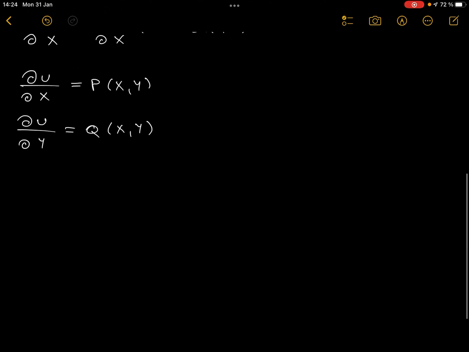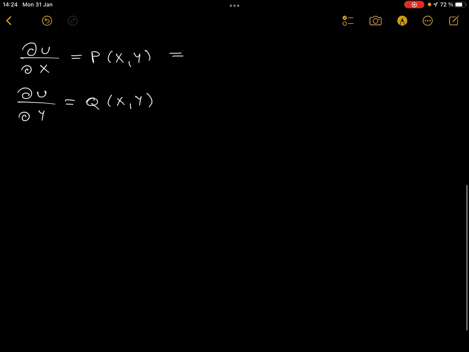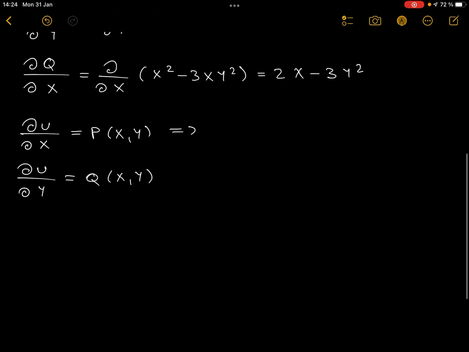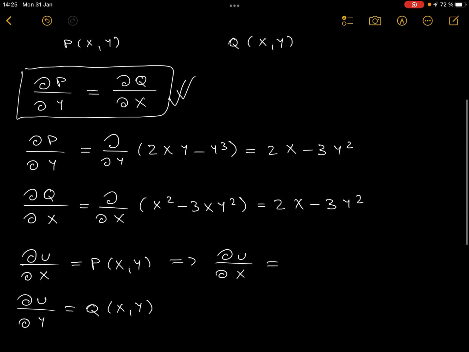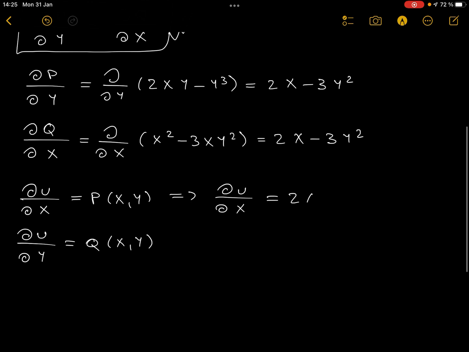So from here we get that partial u over partial x is equal to 2xy minus y cubed.